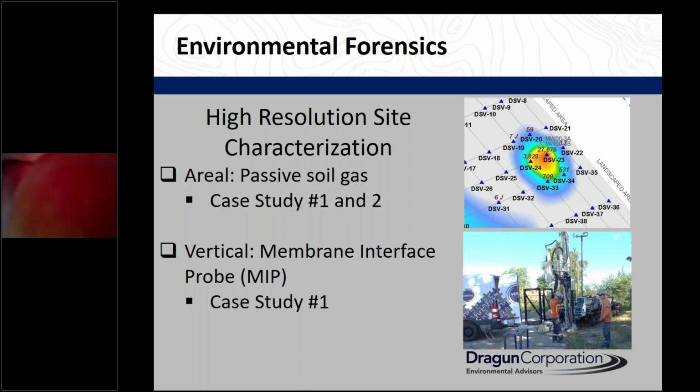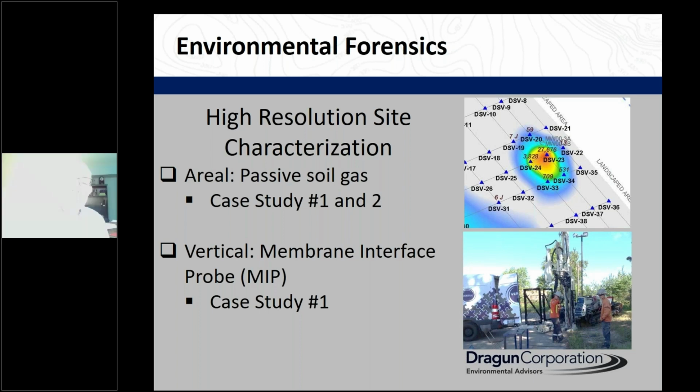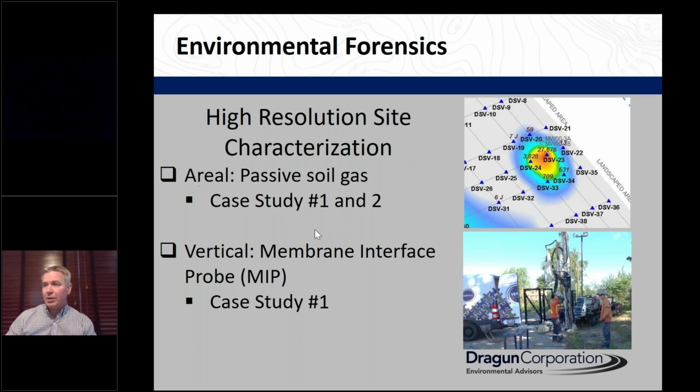Okay, I'm going to talk a little bit about high resolution site characterization, and then show you an example of a case study. Where possible, and in particular in our forensic investigations, we really like to use high resolution site characterization tools to get a higher density of data.